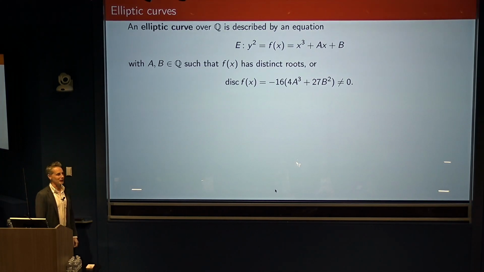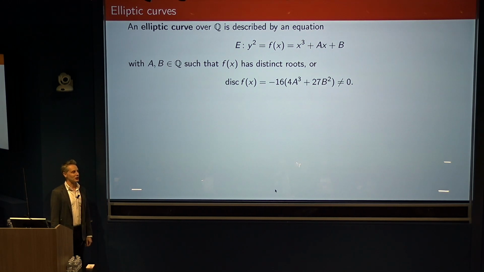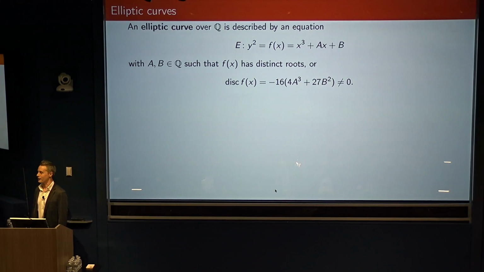OK, now, what's an elliptic curve? Well, an elliptic curve is a smooth projective curve of genus 1. It's given by an equation, y squared equals x cubed plus ax plus b, where a and b are rational numbers. The condition of smoothness corresponds to the discriminant being non-zero, or equivalently the cubic polynomial f of x having distinct roots.